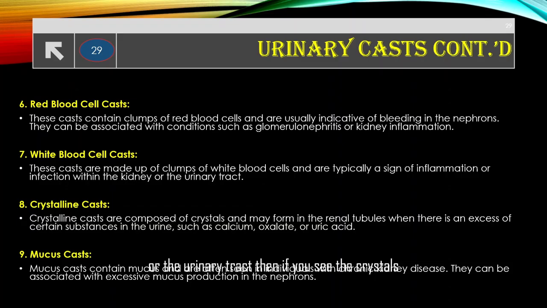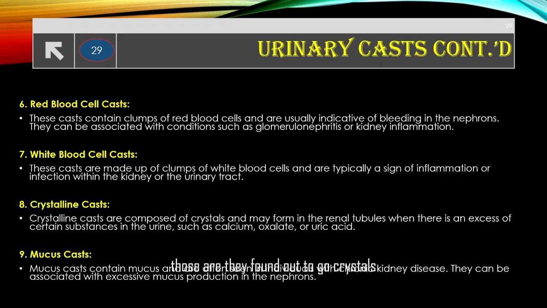Then if you see crystals, these are more like stones, in other words. Crystals are a collection of things, and usually these are stones, like calcium stones, calcium oxalate, uric acid stones, struvite stones. You can have what are called cystine stones. You get the point.